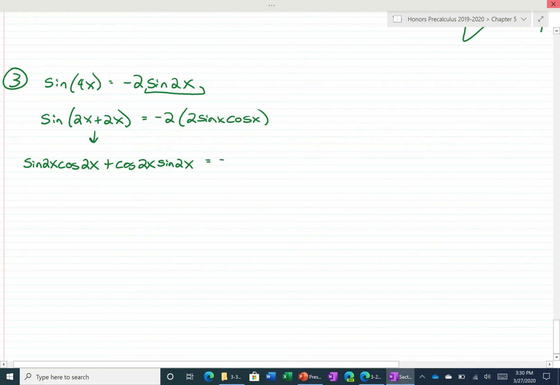And then this would equal negative 4 sine of x cosine of x. There's going to be more problems like this coming up, so just be aware that we could break that up and then use the sum and difference formula to solve it.